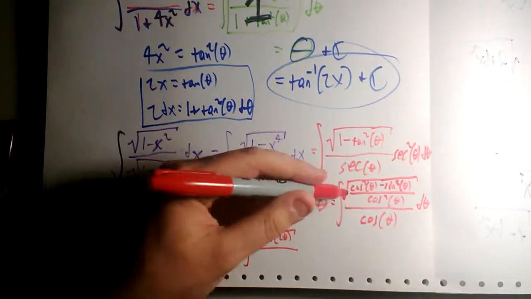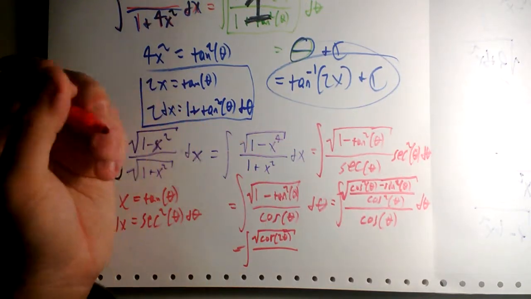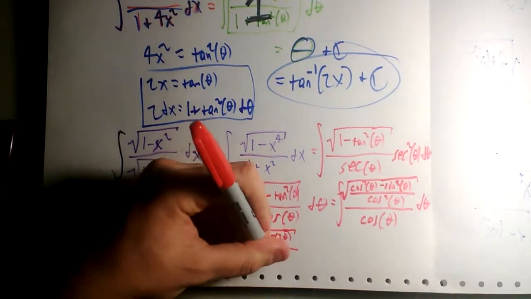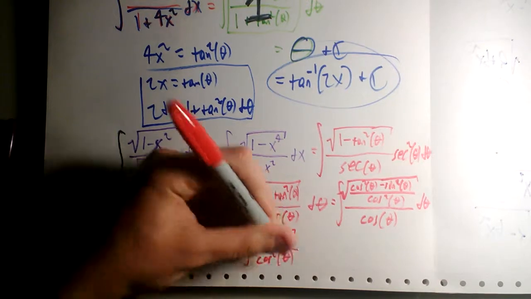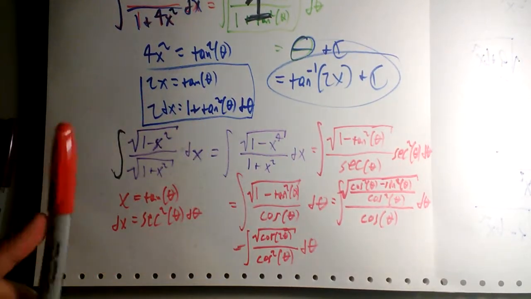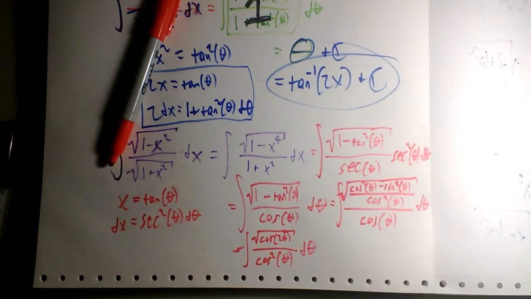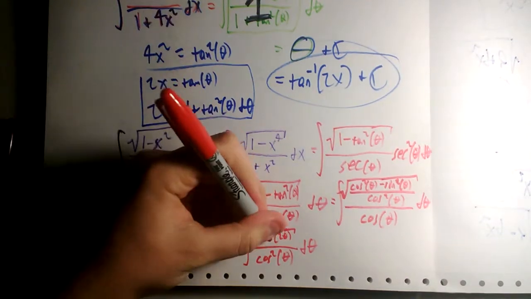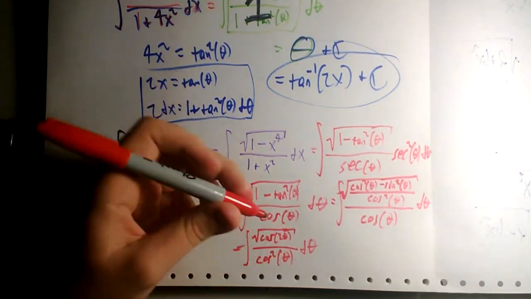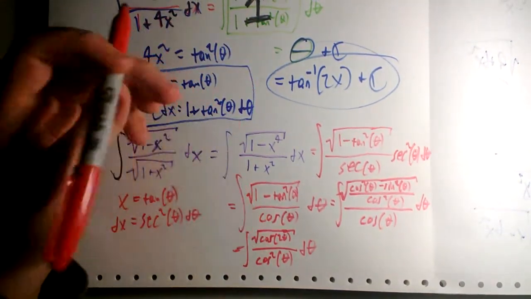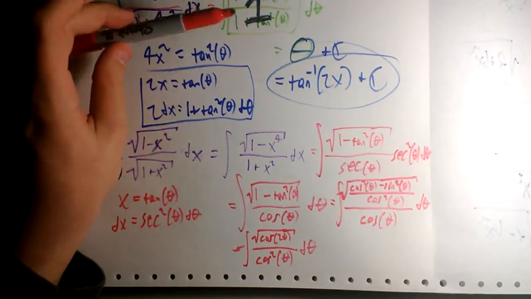And 1 over cosine times another 1 over cosine is cosine squared on bottom. Hey! That looks edible, in a sense. So we have the square root of cosine 2 theta divided by cosine squared theta. And we're just integrating that guy.